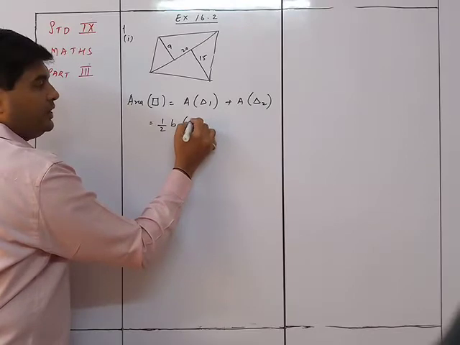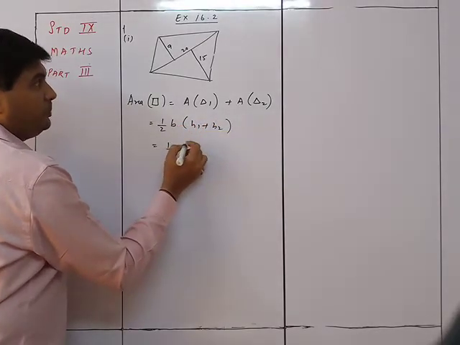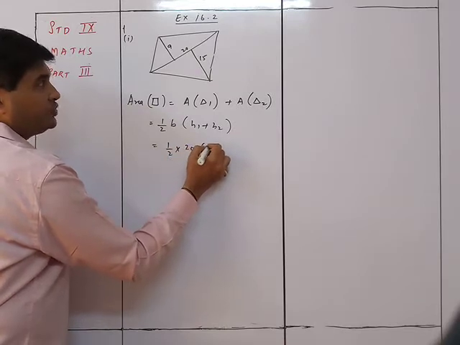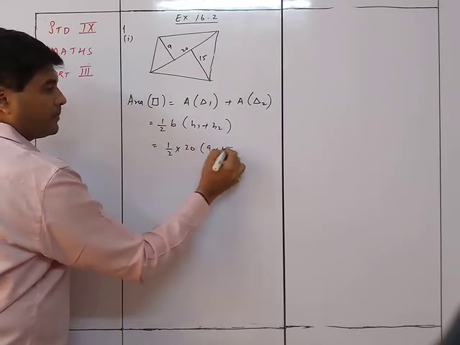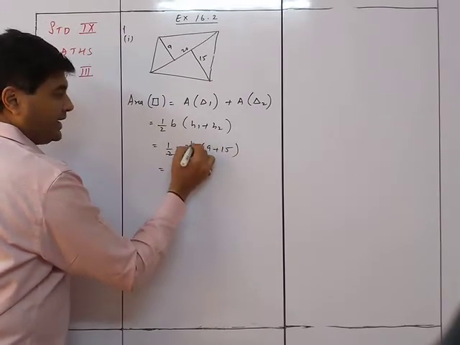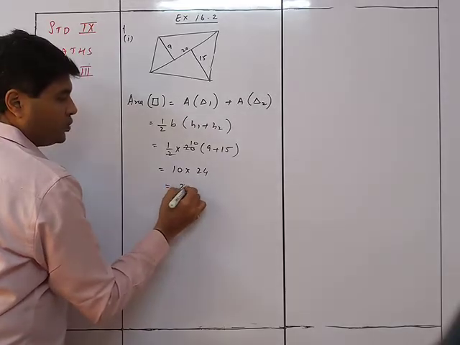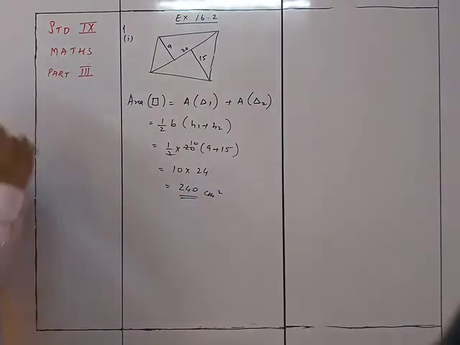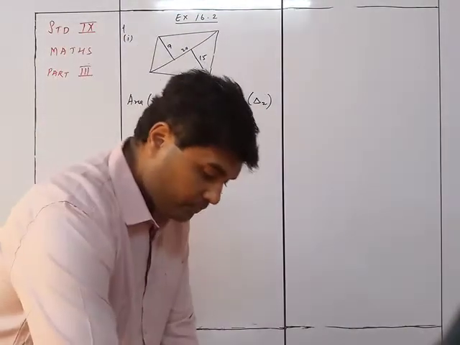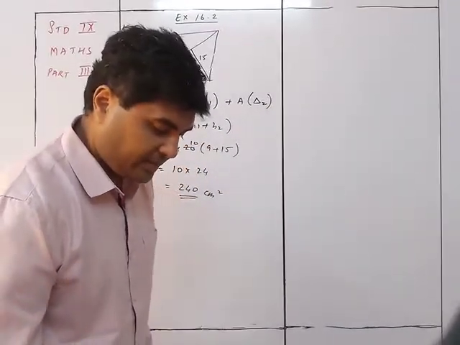So it is half into B is 20, into H1 is 9 plus H2 is 15. So it is equal to 10 into 24, which is 240 centimeter square. That's the first sum, 240 centimeter square.